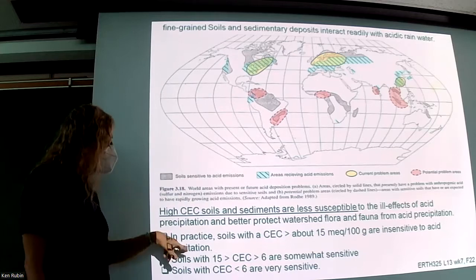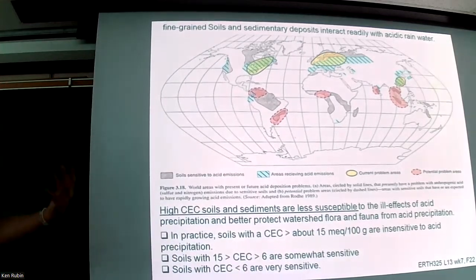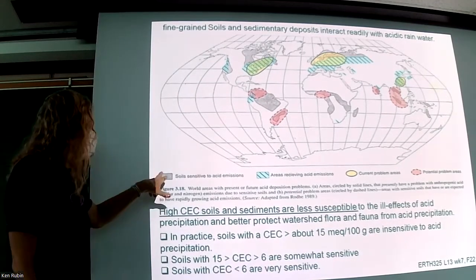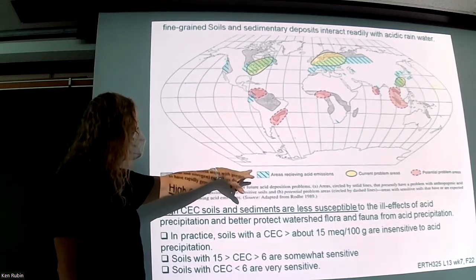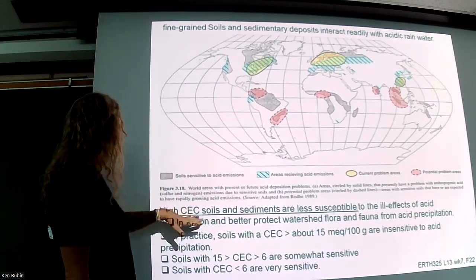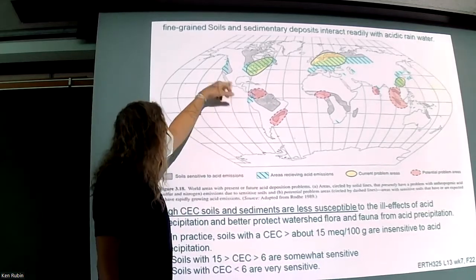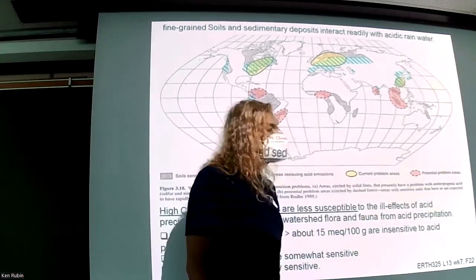Those are soils with low CEC clays, like illite, not so much montmorillonite or smectite. This is from your reading, and it's a pretty old diagram, about 25 years old, but it shows areas where the soils are sensitive, areas where the acid emission is happening, the overlap zones, and then current problem areas and potential future problem areas.